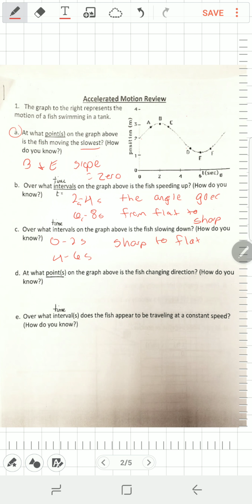At what points on the graph is the fish changing direction? Now, in my class, the first thing I always talk about when we're looking at graphs and trying to draw the qualitative graphs of speeding up, slowing down, positive or negative, is that I always ask them to recognize if it's going in a positive or negative direction first.